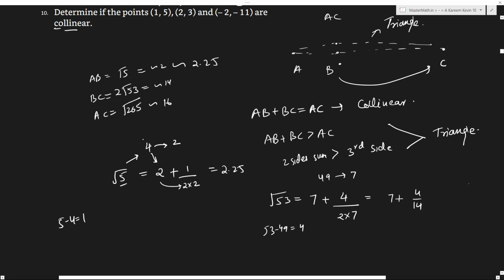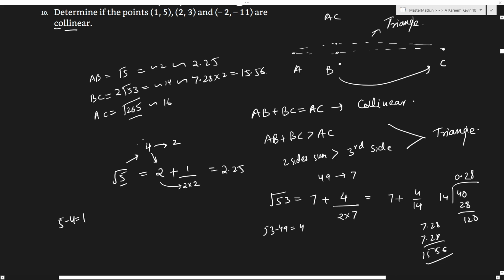Now 4 by 14 is about 0.28, so this is 7.28, and times 2 would be 14.56, approximately 15.56. Just cross check.